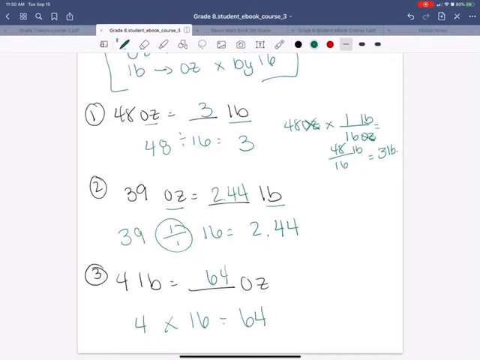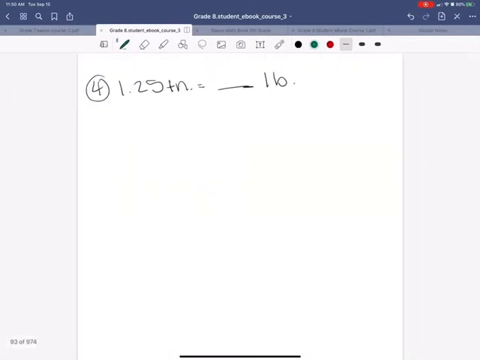We got one more. We're going to look at number 4, and in number 4, we're going from tons to pounds. So when we're going from ton to pounds, remember it said there's 2,000 pounds equals 1 ton. So here we have 1.25 ton, and we want to end up with just pounds.